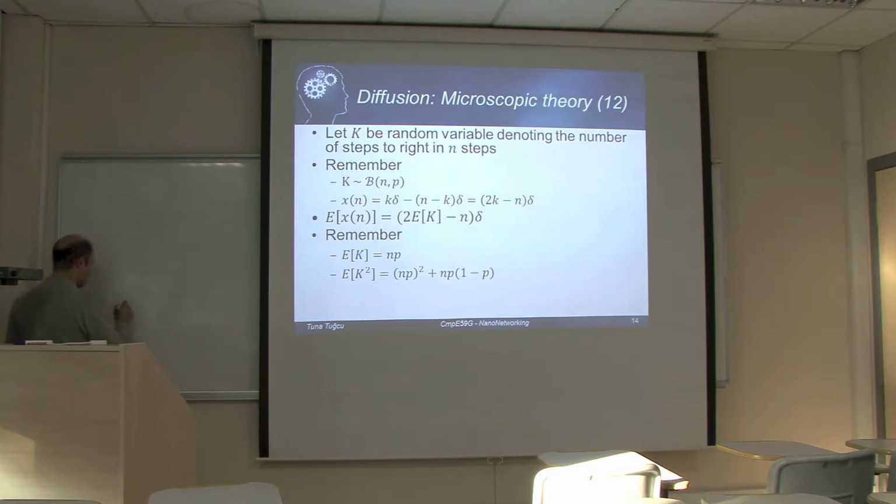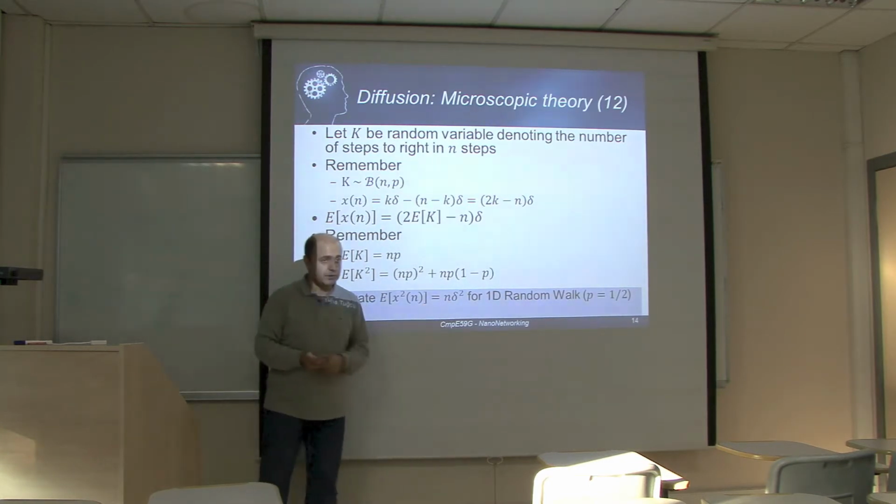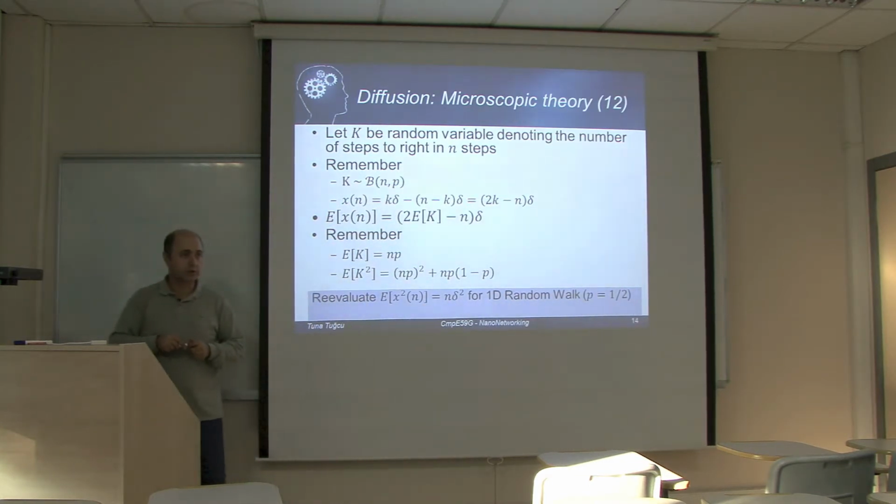This whole thing multiplied by delta squared. Okay? Now, n squared minus 2n squared plus n squared cancel. 2n minus n is n times delta squared. And that is exactly what we wanted. Okay? It's easy, it's not difficult.